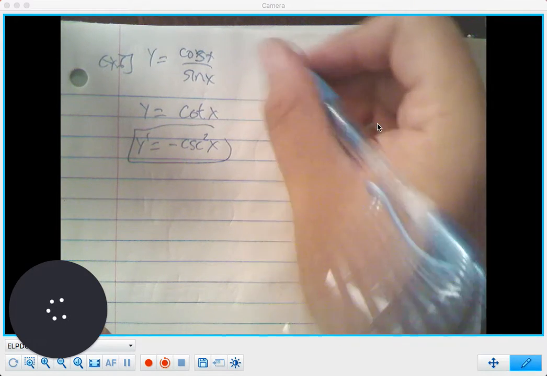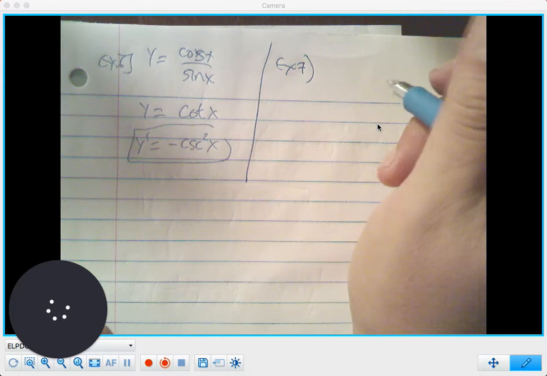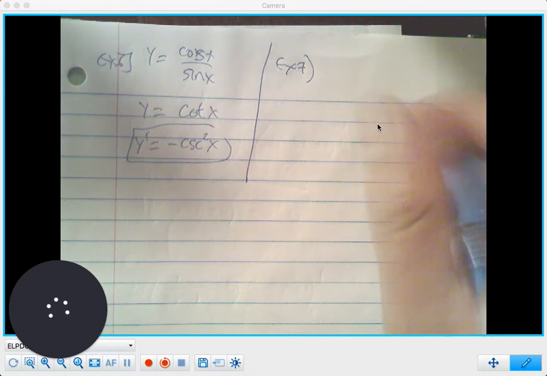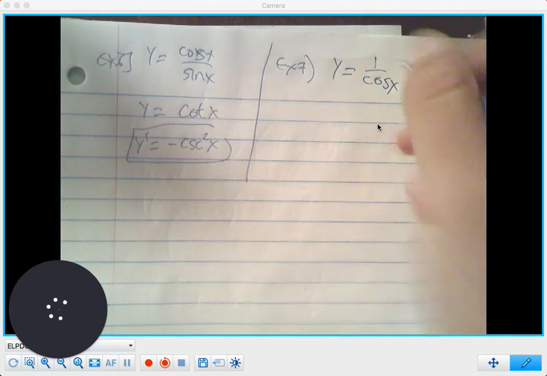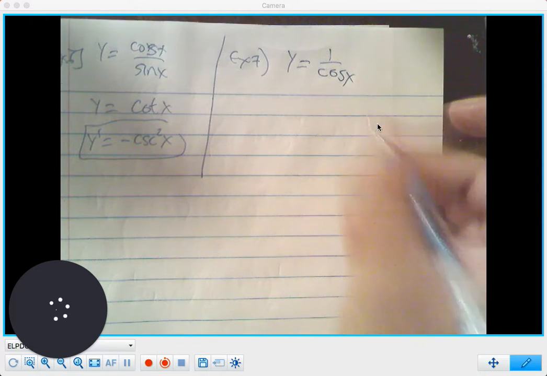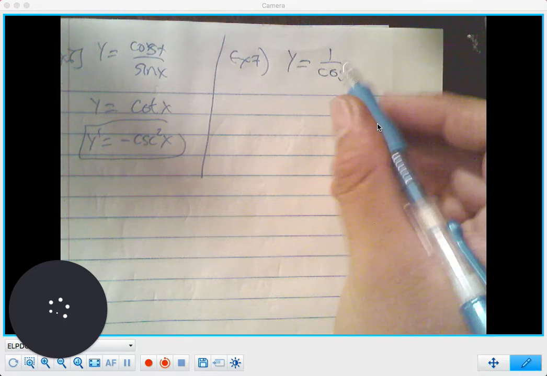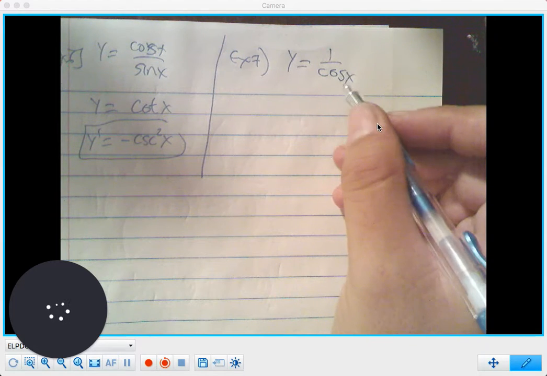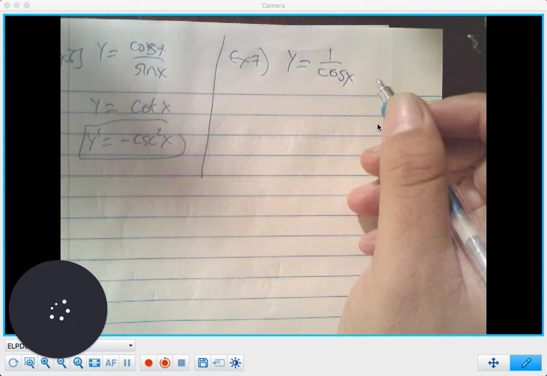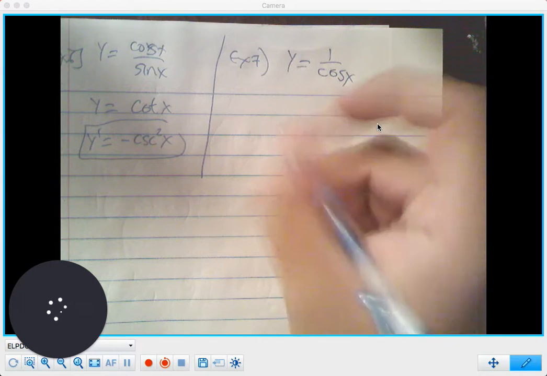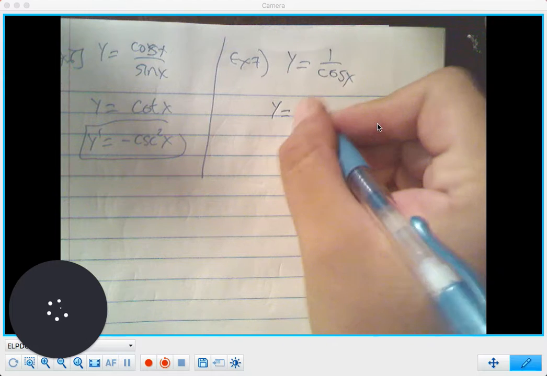Let's do more examples. Example 7. Let's see this one. Oh, there's one here. y equals 1 over cosine x. Again, when you have something like this, it is a division, so you either bring it to the top as a negative exponent or you do the quotient rule, but we don't want to do that. But we remember, because we study and we memorize, that 1 over cosine is the same thing as secant x.